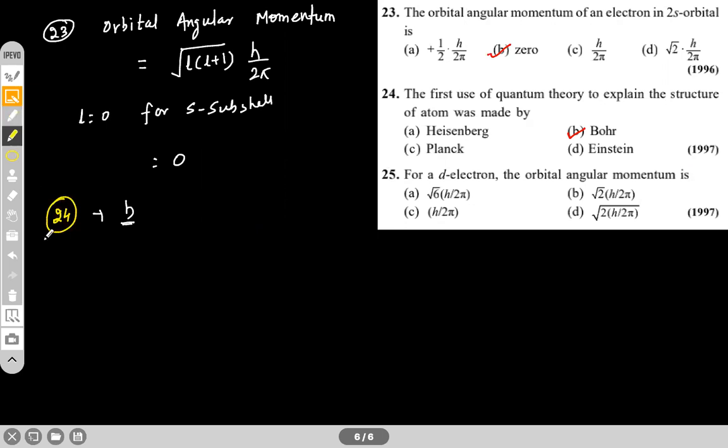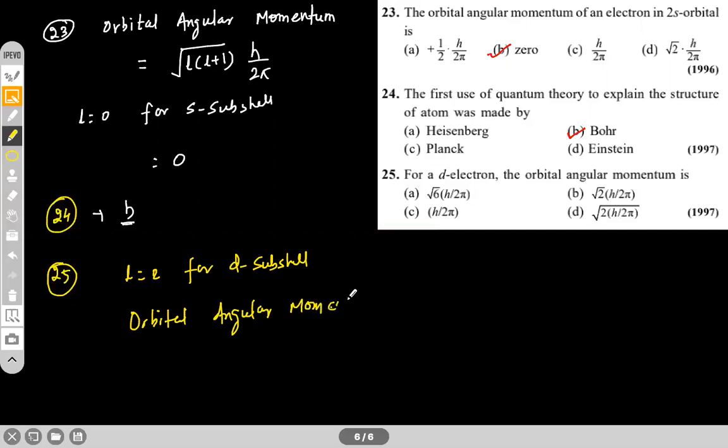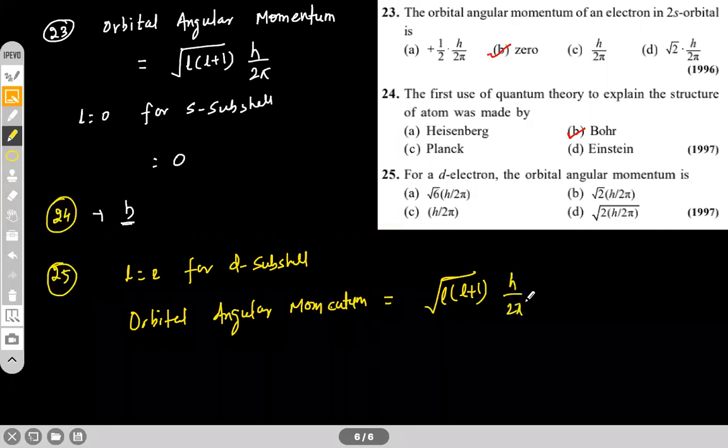Okay, next, the 25th one. For a d electron, the orbital angular momentum. Same question, we know L is equal to 2 for the d subshell. So orbital angular momentum is equal to root over L into L plus 1, times h by 2 pi.